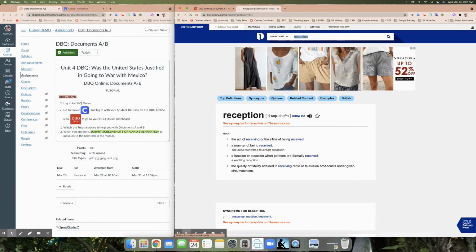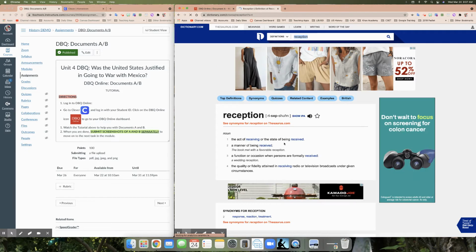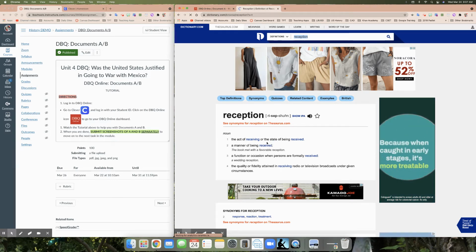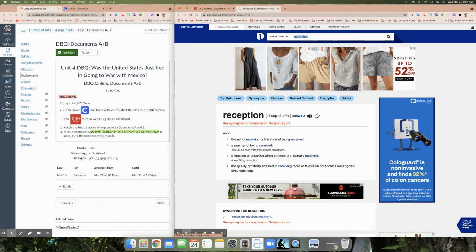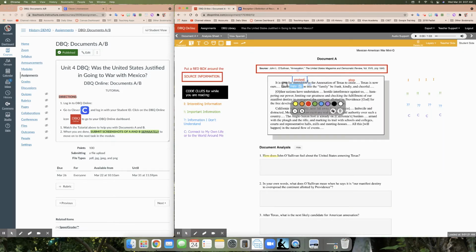The act of receiving, so to be receiving, or the state, so receiving would be like to be getting, to get. Okay, so I'm going to make a copy of this, and I'm going to put this right here. Their reception, they're coming into the family, I'm going to say.